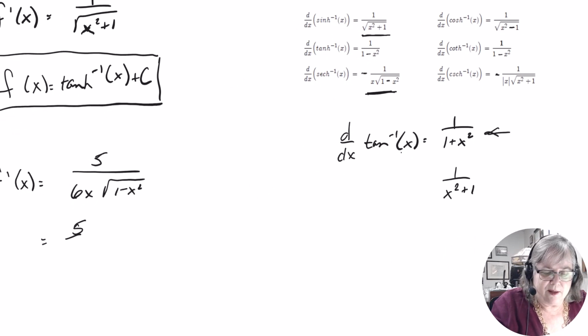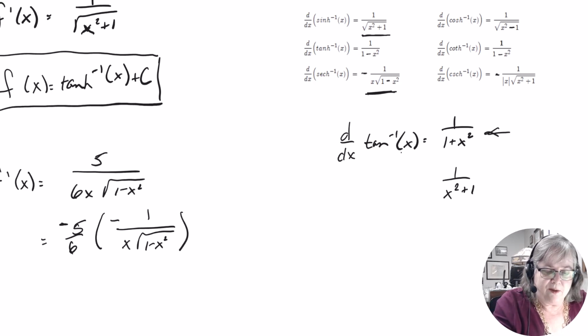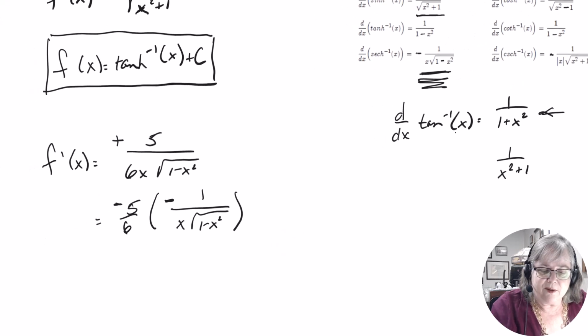So if I looked like that pattern and I have 5, 6, and I want negative 1 over x square root of 1 minus x squared, then this would also have to be a negative because remember it started off positive. So you have the negative that the pattern wants over here and the negative to make your original pattern. So this is negative 5, 6 inverse hyperbolic x plus c.